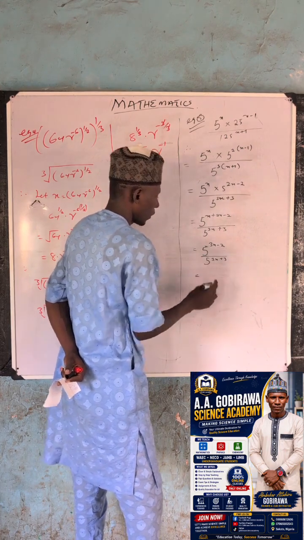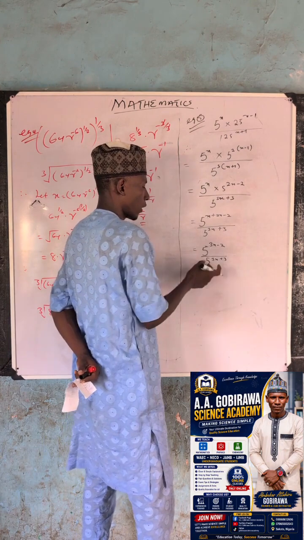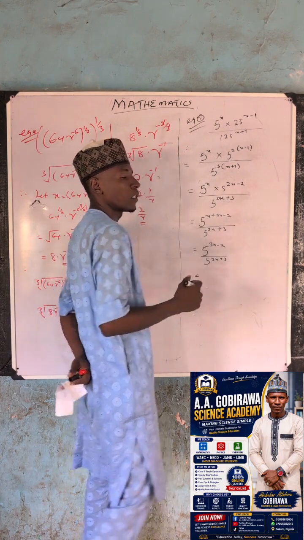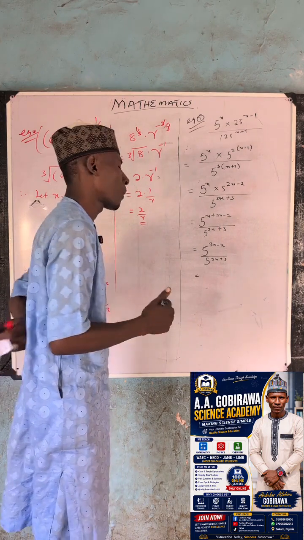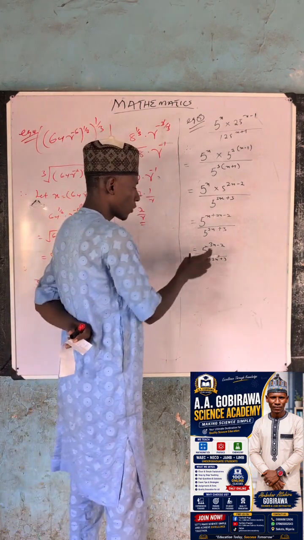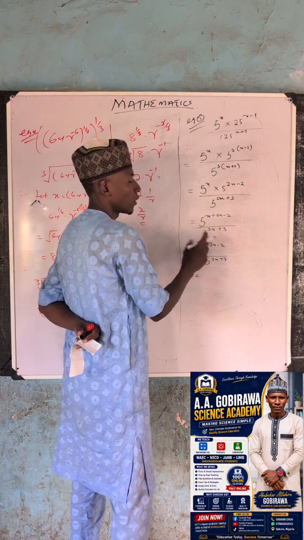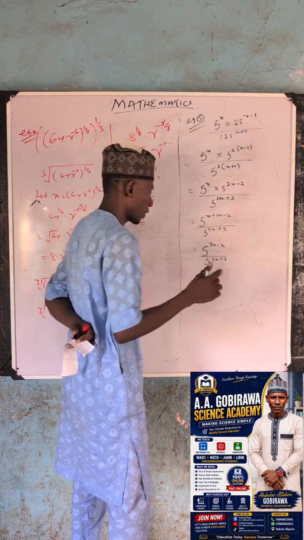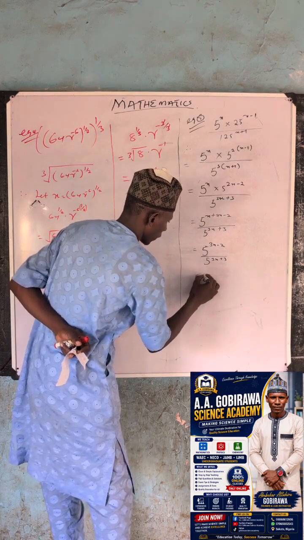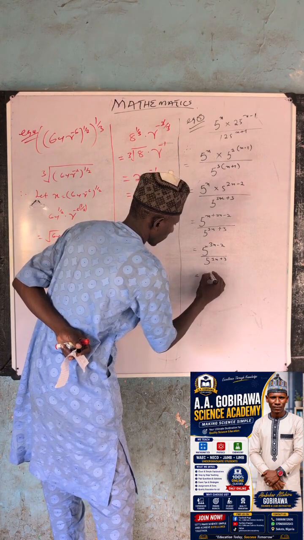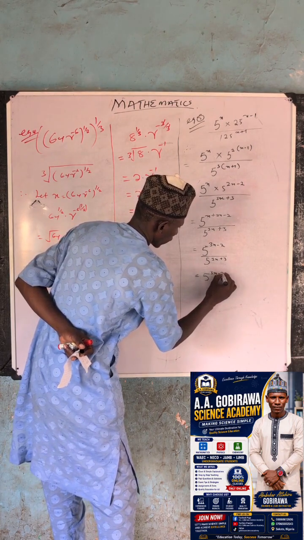Then from the division law, we take one base and subtract the powers.